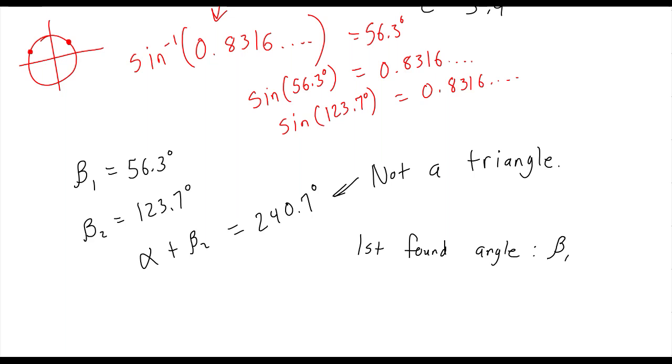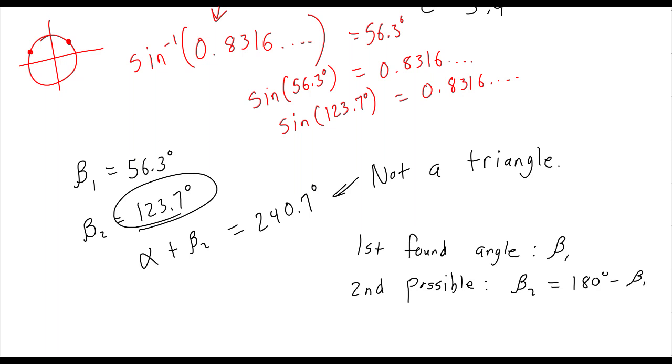Then find the second possible beta and call that one beta 2. Find it by subtracting 180 degrees minus beta 1, 56.3 degrees. That's where I got this 123.7 degrees. So that will give me my first beta and my second beta.